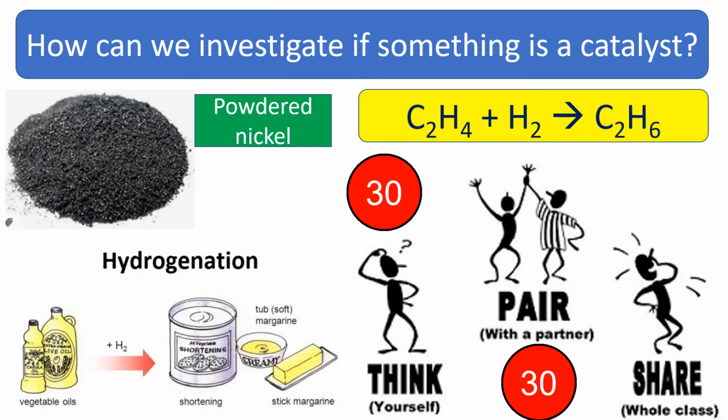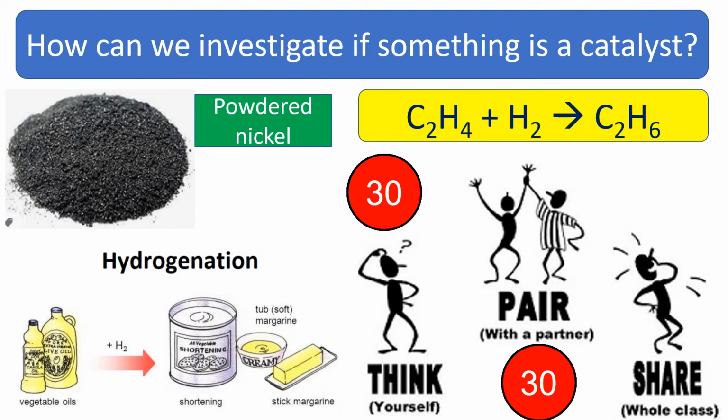So a typical question about catalysts: how do you know something is a catalyst? What would you be looking for in a catalyst? So you might say, well, think about what a catalyst is. You would expect a reaction to speed up and you would expect to have it looking the same as it was at the beginning. A faster reaction. So remember I said certain catalysts work for certain reactions. So in this example here, I have hydrogenation.